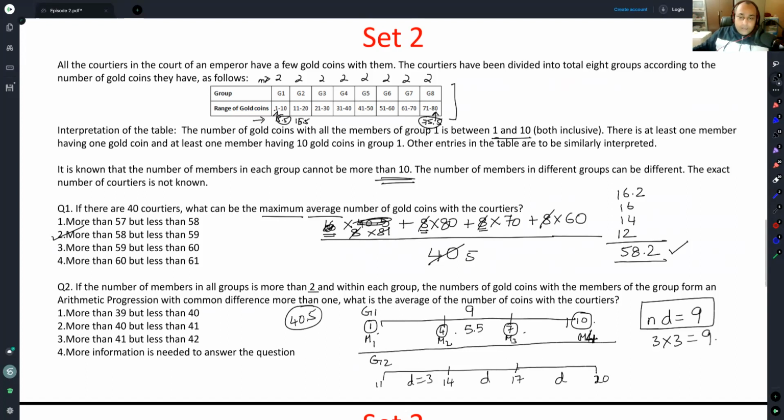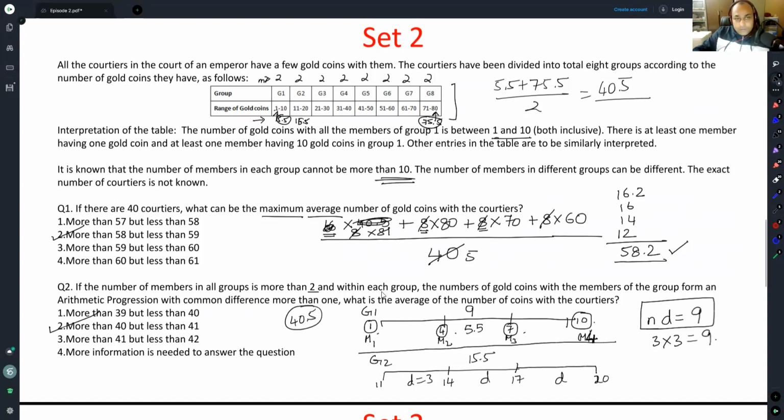Average for group 8 is 75.5. And this is an AP with a common difference of 10. If I need the average of this AP, it will be 5.5 plus 75.5 by 2, which is equal to 40.5. And therefore, the answer to the second question will be option 2, more than 40, but less than 41.